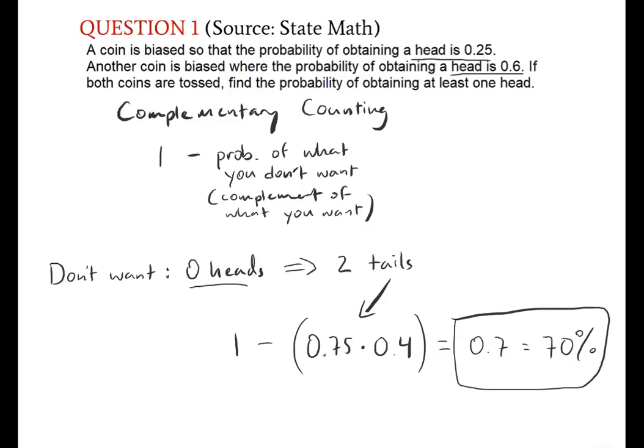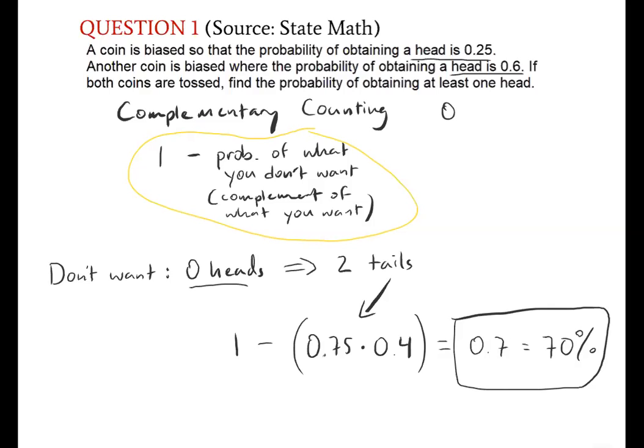So complementary counting is always in this format. This is always kind of like the formula of how to get a counting thing. You mean the probability? Okay, look.